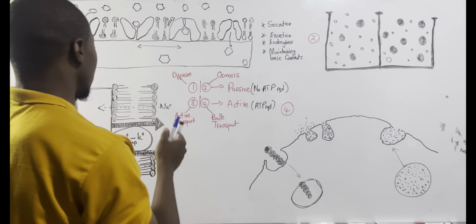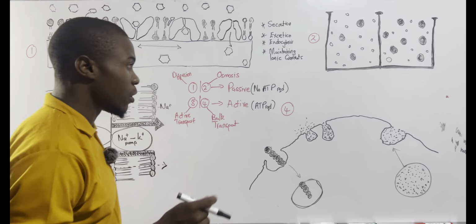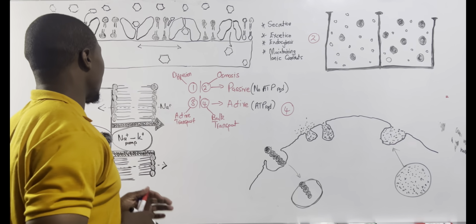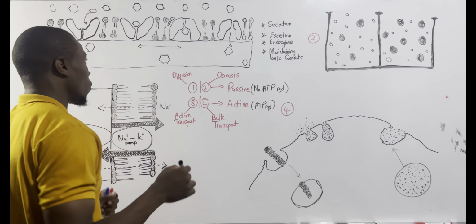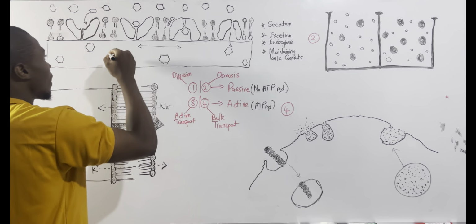Let's start with diffusion. Diffusion is a passive process that involves what we call a concentration gradient. Substances are moving from a higher concentration to a lower concentration. I'll use this space to explain the idea.